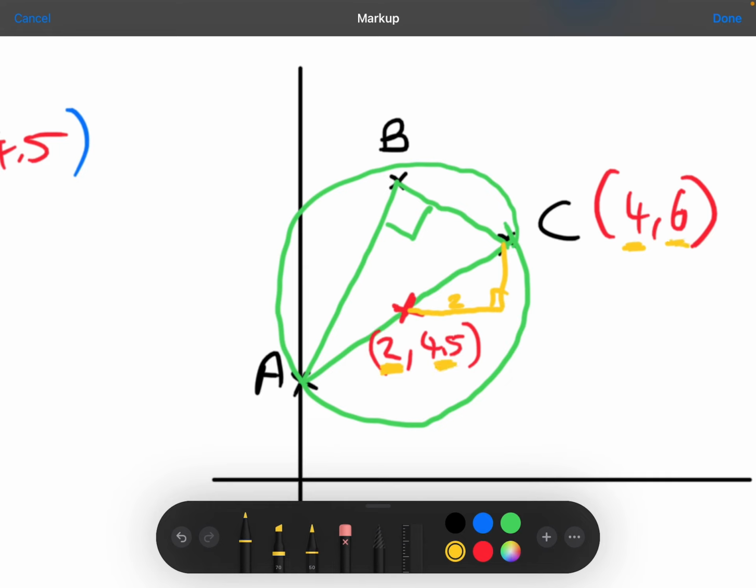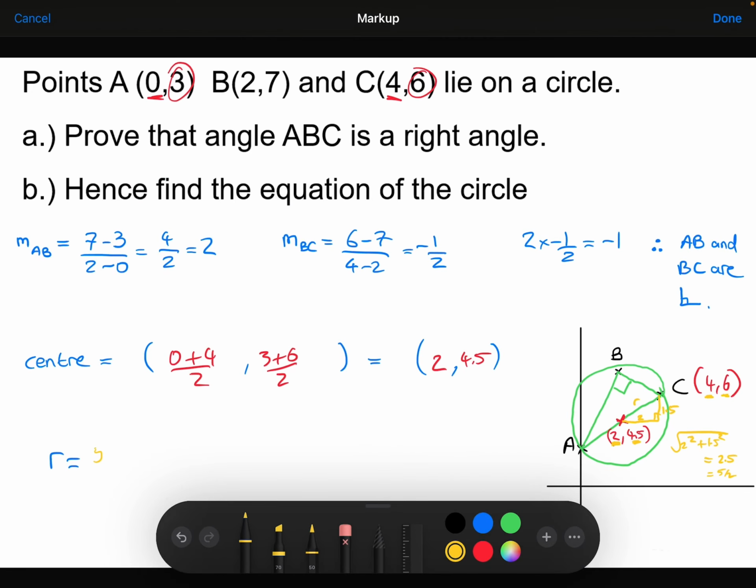Looking at the y coordinates, I know this is 1.5. So 2 squared plus 1.5 squared, all square rooted, is 2.5, or 5 over 2. So the radius of this circle is 5 over 2.